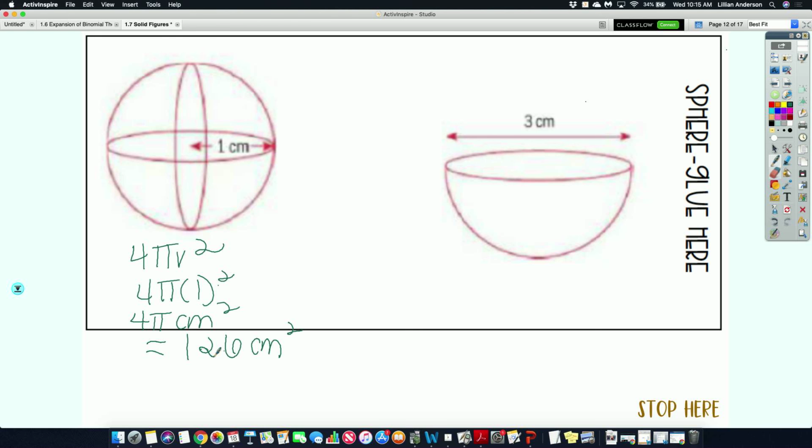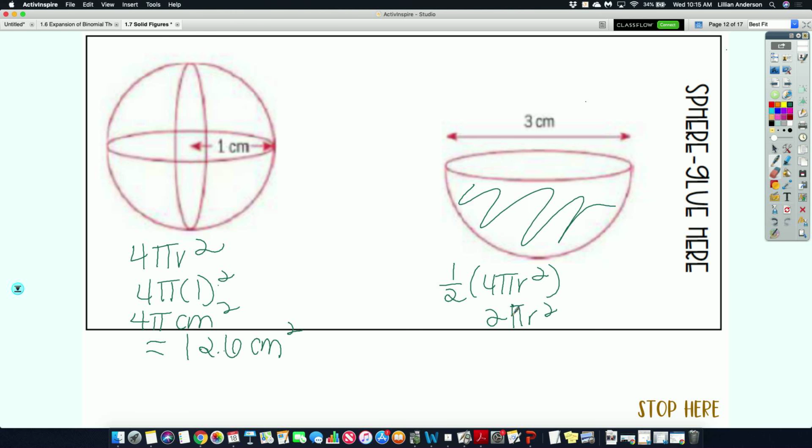Now for this hemisphere over here, if we were trying to find the surface area of it, we have to take into account that the bottom part here is half of the sphere. So we need to take half of the surface area of the sphere. So then that would just give us 2 pi r squared.